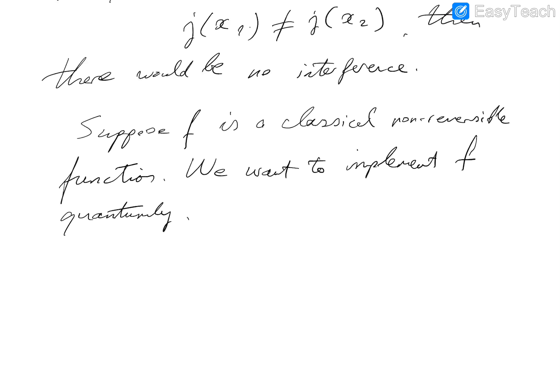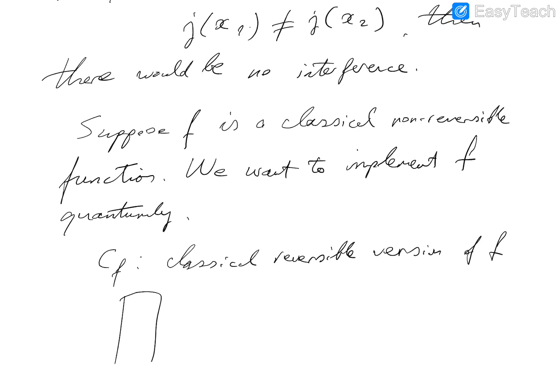Well, first let's take the classical reversible version of f. Let's call it CF. This is the classical reversible version of f, and it might generate junk bits, not necessarily compatible with quantum computing.